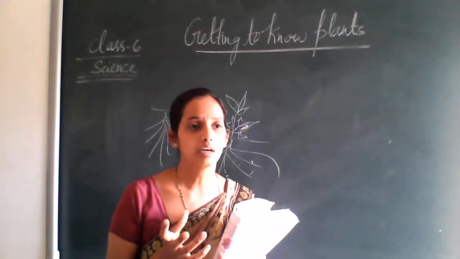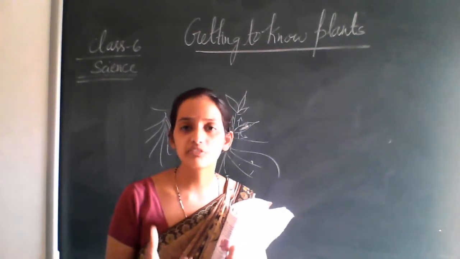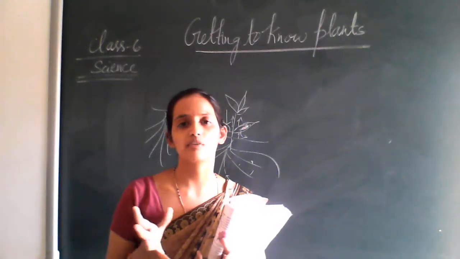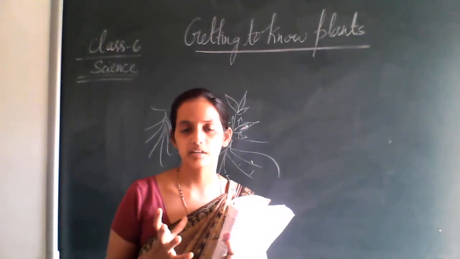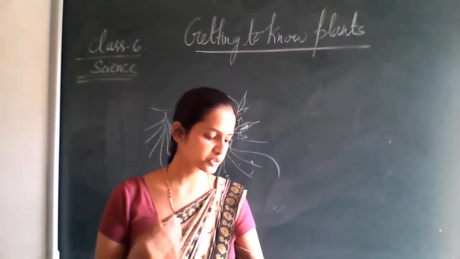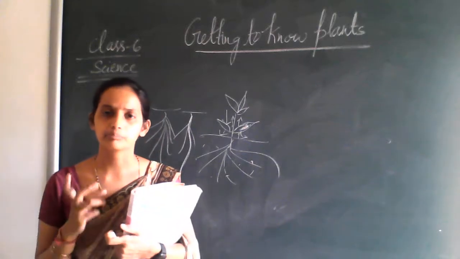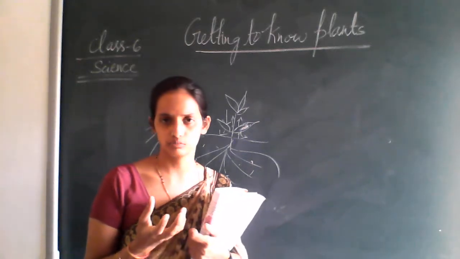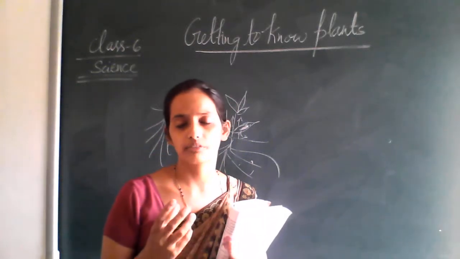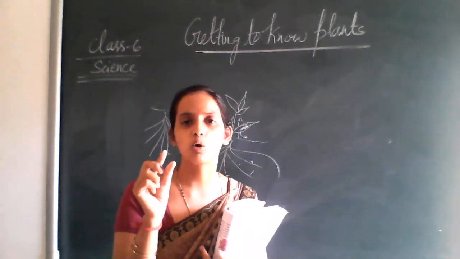Whenever we talk about a flower, we have the feeling that the flower should be colorful, right? Attractive, right? But in case of grass, wheat, maize, mango or guava, the flowers are there, but they are not very attractive. We can say they are colorless or white in color and the flowers are small, right?